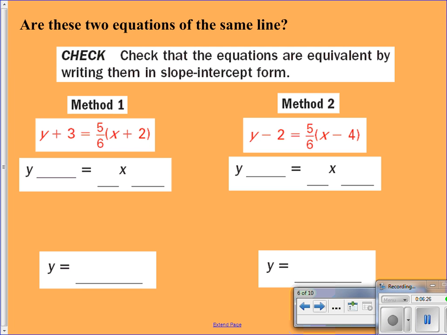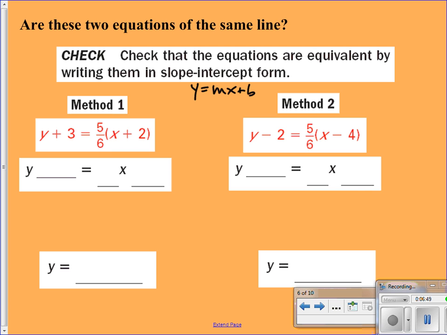Let's prove that they're the exact same line. And we're going to prove that they're the same line by putting them actually into slope-intercept form. And slope-intercept form has y by itself. So let's check this out. If I've got y plus 3 in the first example I did, I need to be able to subtract it.